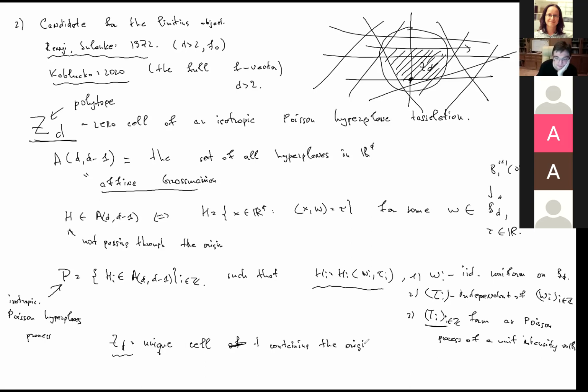But let me ask you, you choose the unit vector uniformly on the sphere. And then why do you think that you will have this polygon around the origin with non-zero area?